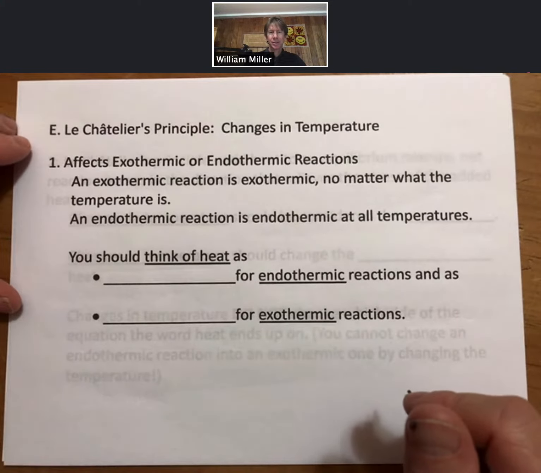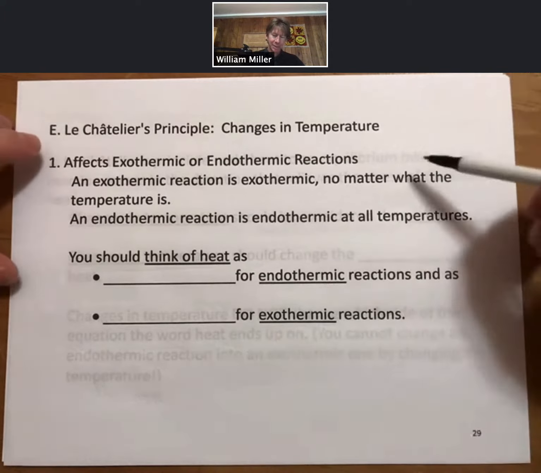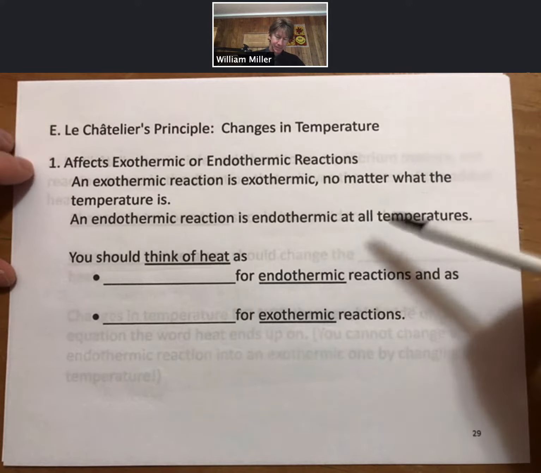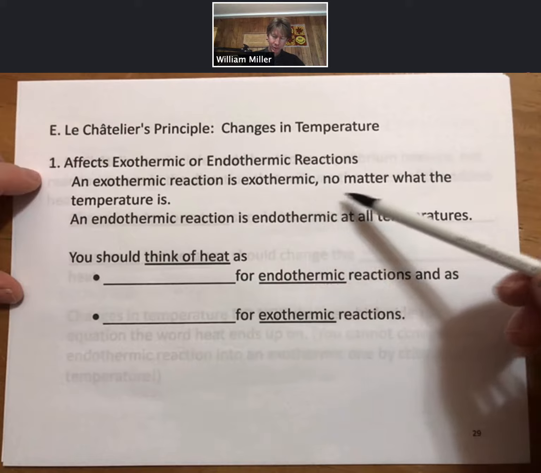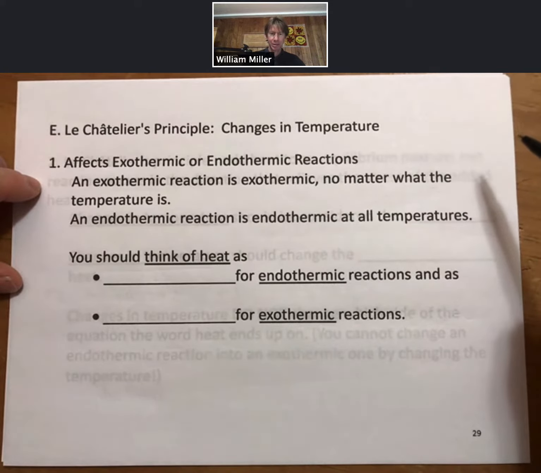Now, let's talk about the last type of change, changes in temperature. And again, this is specifically for exothermic or endothermic reactions. An exothermic reaction is exothermic no matter what the temperature is. Same thing for endothermic reactions.